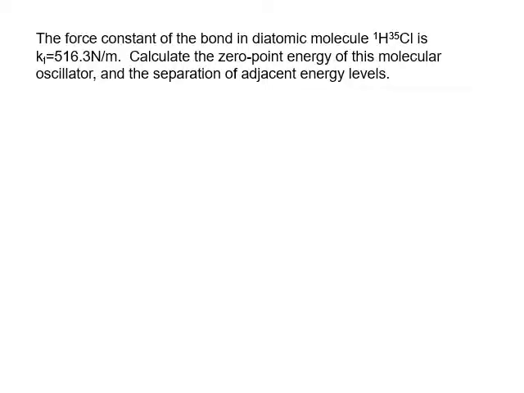Example: the force constant of the bond in the diatomic molecule hydrogen chloride is 516.3 Newton per meter. Calculate the zero-point energy of this molecular oscillator and the separation of adjacent energy levels. Hydrogen chloride is a diatomic molecule, so we can think of it as two atoms connected by a spring.